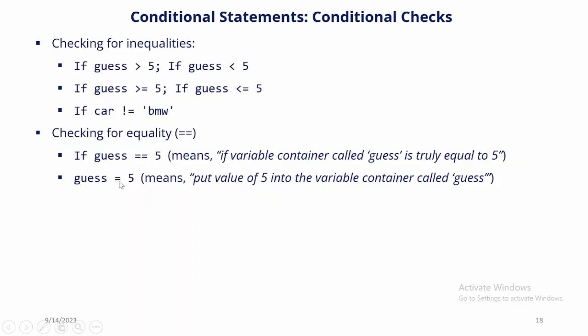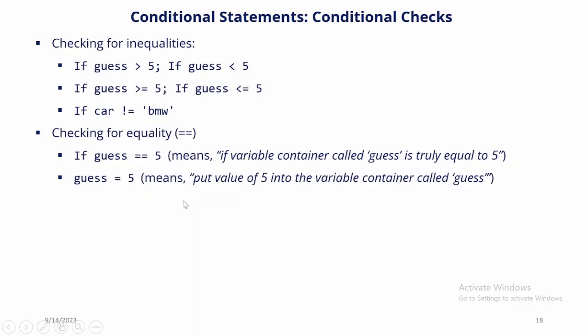That is single equal to. So the container contains 5 grams of salt at that moment. Now, when you want to test, does the container actually contain 5 grams of salt? The double equal to is saying, does the container actually contain 5 grams of salt? That will be true or false. So that's the difference. Single equal to is you are assigning a value to the variable. Double equal to is you are testing whether the value in the variable is actually equal to whatever is on the right side.